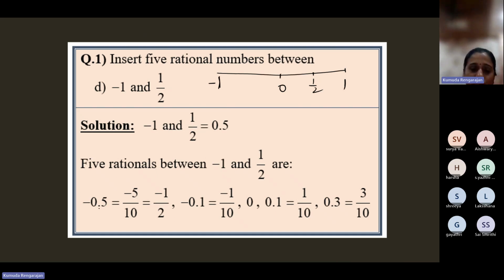So I have written minus 0.5, and then minus 0.1. Then what's the next one? 0.1. Then 0.3.